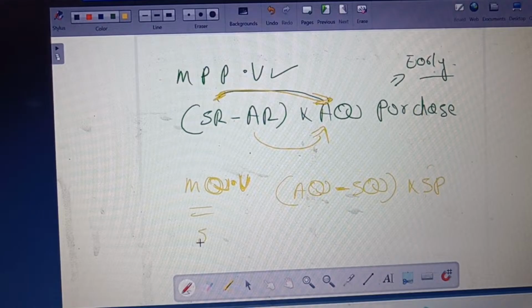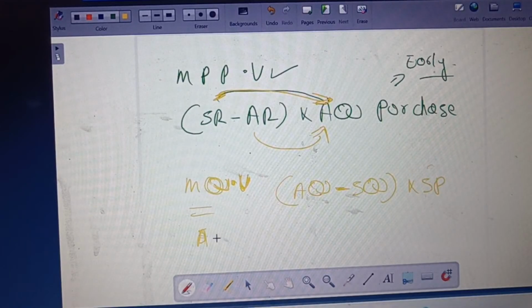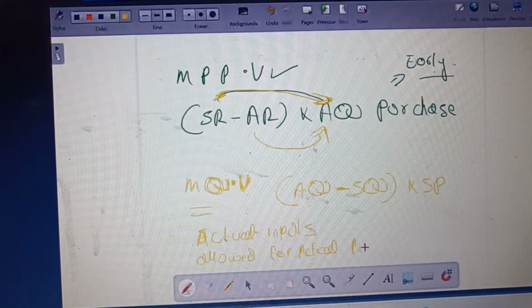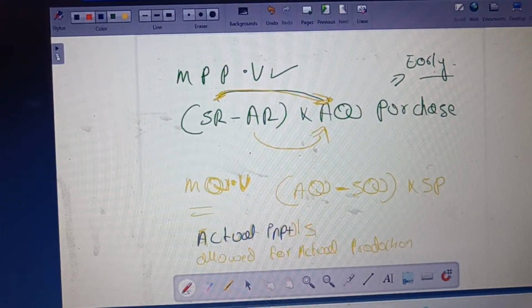We are talking about the material variance. So actual quantity is nothing but actual inputs, and standard quantity is the inputs allowable for actual production. This is the formula that we use: actual quantity and actual inputs allowable, because we are finding the difference between actual quantity of inputs.